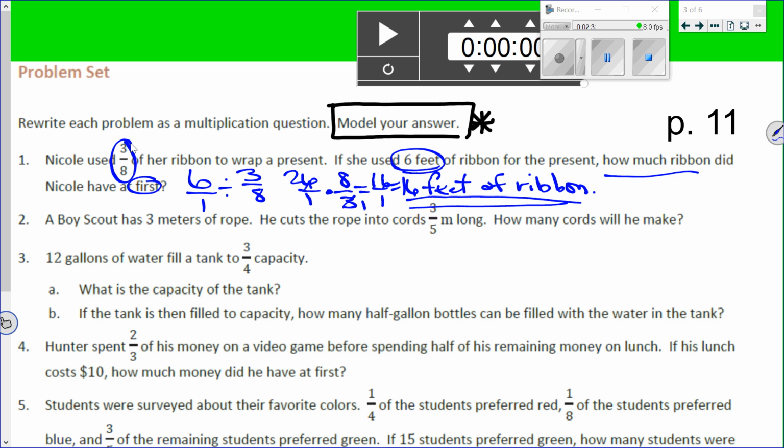Okay? Now, this one, actually, a model works really well on this one as well, guys. So it's 3/8. So I draw my K diagram into 8. And I know that 3 of them is how much? 6 feet. So if 3 of it is 6 feet, what is each individual box? Three twos make 6.